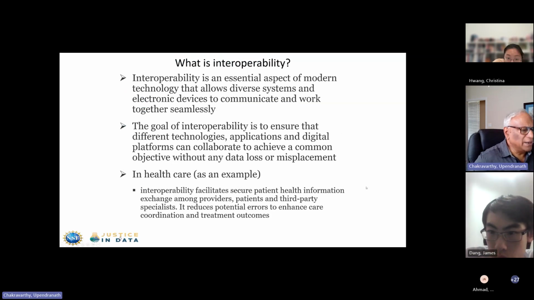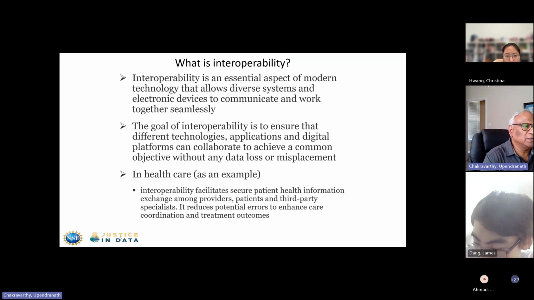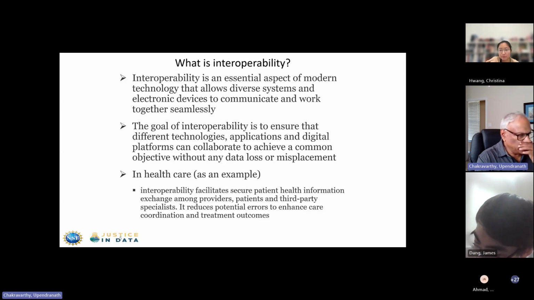We understand it in some of the things we do. It's an essential aspect of modern technology that allows diverse systems and electronic devices to communicate and work together seamlessly. So we buy a phone, we already have a USB cable, we plug it in, we buy a new device, we plug it into our laptop, our computer, and it works. You don't have to do anything about it.